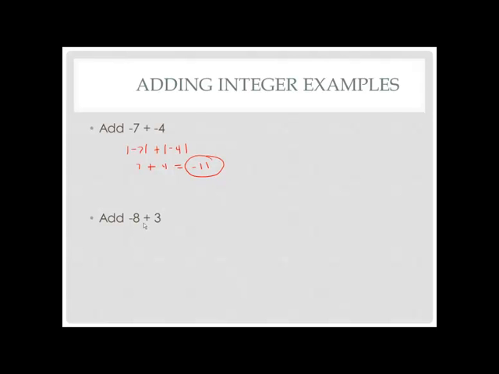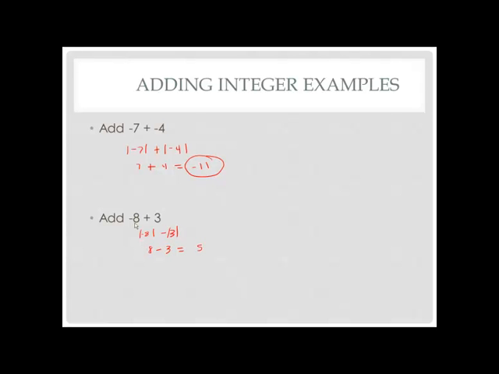So in this case, I have -8 and 3. So since the absolute value of -8 is larger, then I know my answer will be negative. So all I need to do is find the difference of the absolute value of those numbers, which is 5.